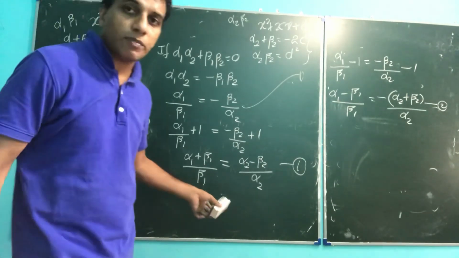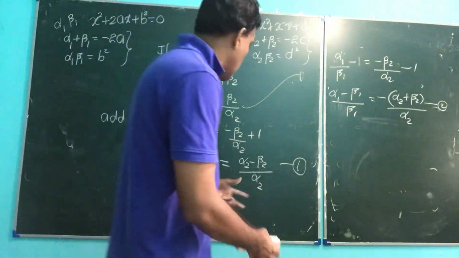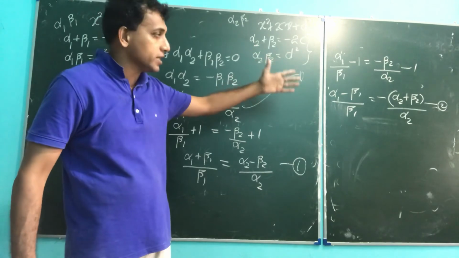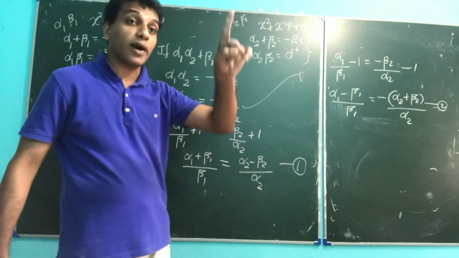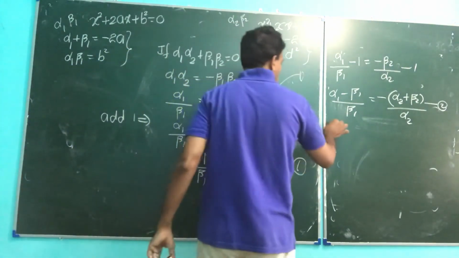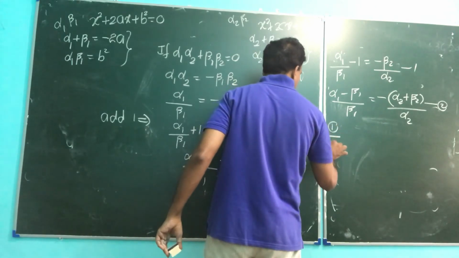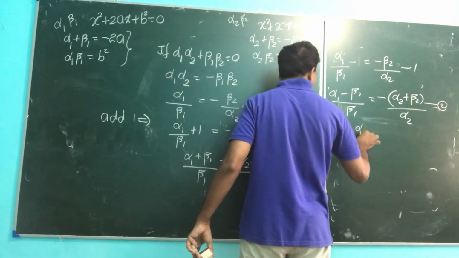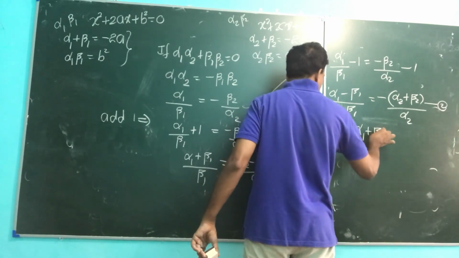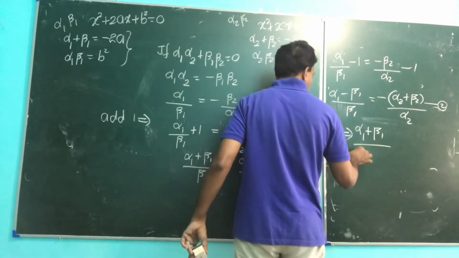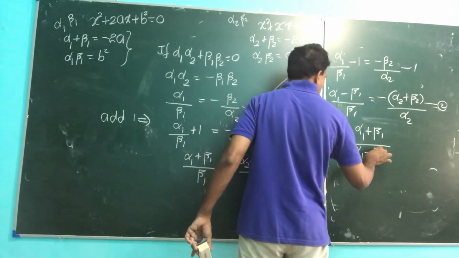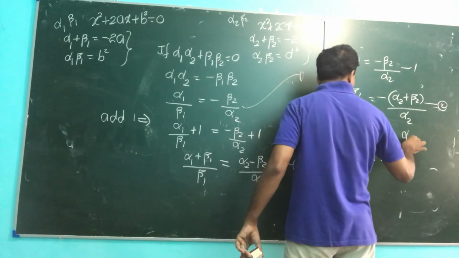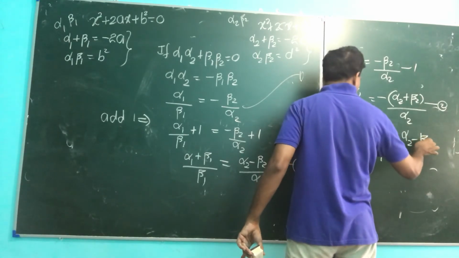Therefore, I want to remove those things, alpha, beta below. Now, therefore, divide 1 by 2. Here, alpha 1 plus beta 1 below, alpha 1 minus beta 1. Other side, divide 1 by 2, alpha 2 minus beta 2.